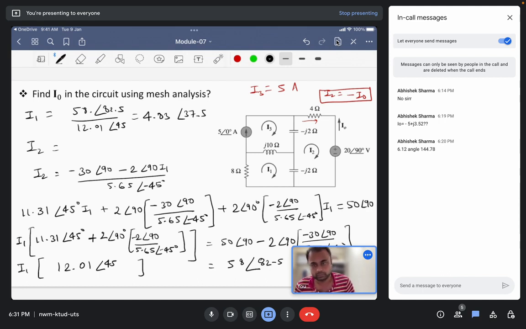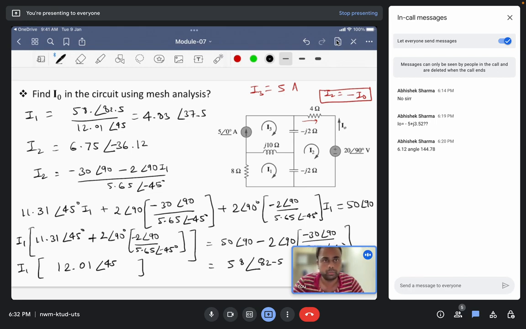So this comes out 6.75 angle minus 36. So maybe little error can be there.